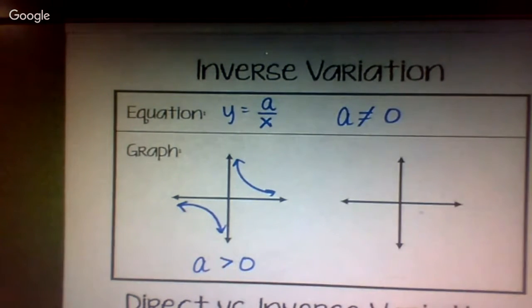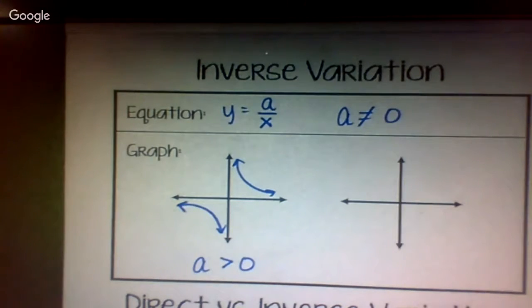It's split into 2 separate pieces. Notice that it doesn't touch your y-axis. Do you know why? What can your x value never be? 0. Why can it never be 0?